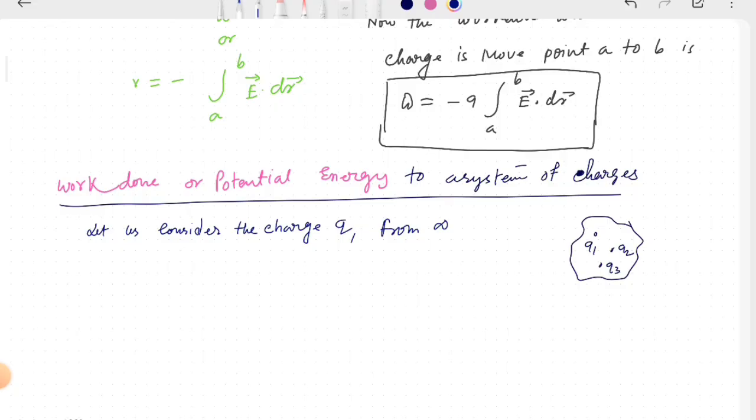One point is very important. Then what happened?